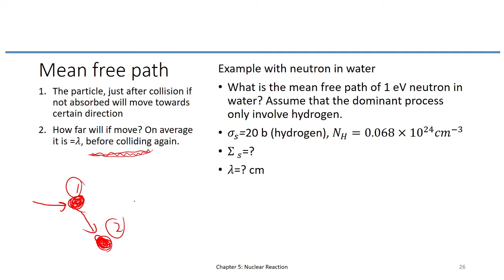And again after hitting target number two, if it is not absorbed, it may recoil towards target number three. So from target number one to target number two, and target number two to target number three, what is the distance? On average, the distance is lambda.